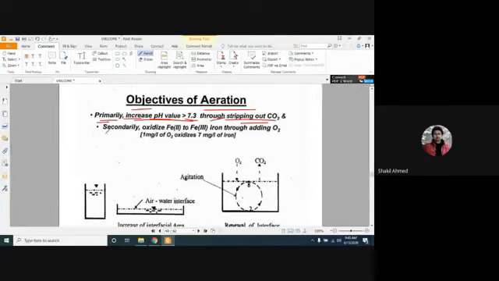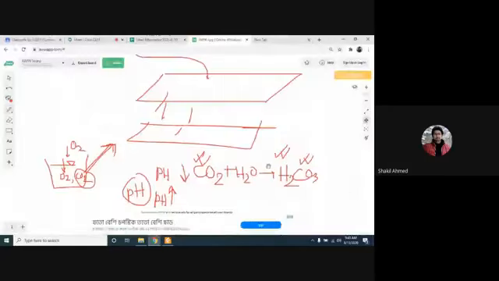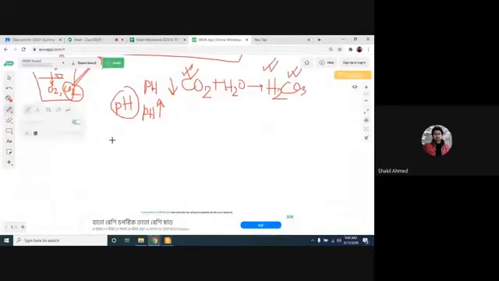That's primarily. Secondly, oxidize iron from ferrous to ferric iron through adding oxygen. This is very important. If you have iron in your water, which is a big problem in our country, like our groundwater has in a myriad of places in Bangladesh, you have higher iron concentration.